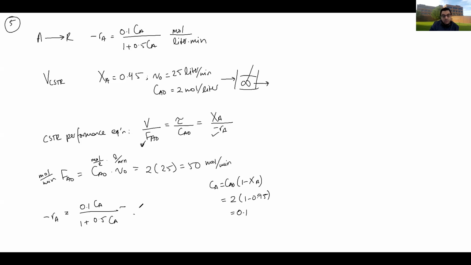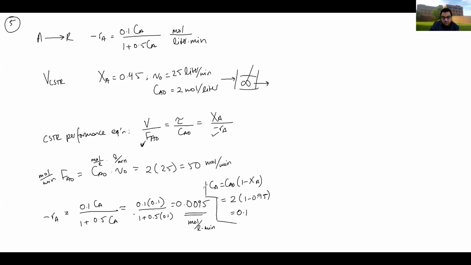I'm going to plug 0.1 into 0.1 over 1 plus 0.5 into 0.1. And what do I get? I get this number, which is 0.0095, right? And this is in units of mole per liter.